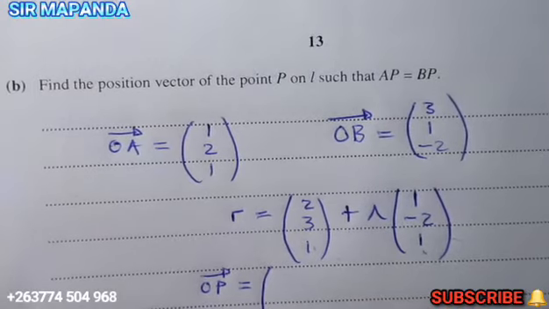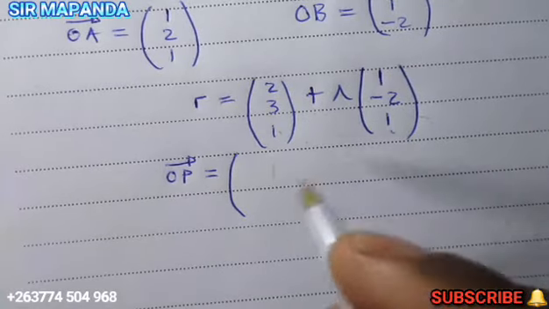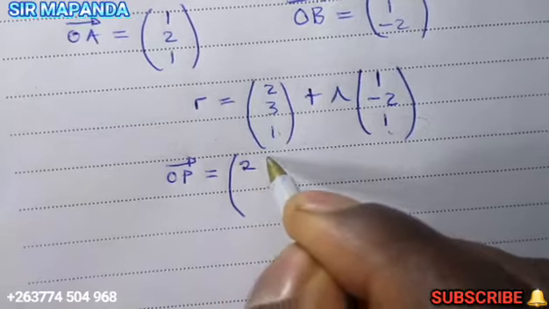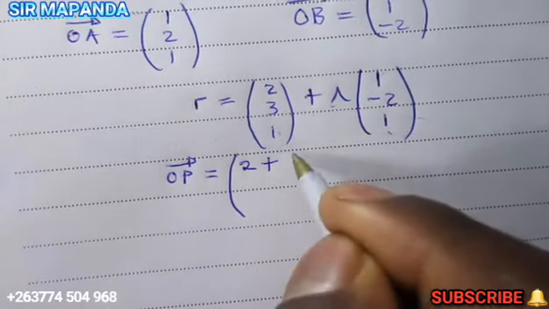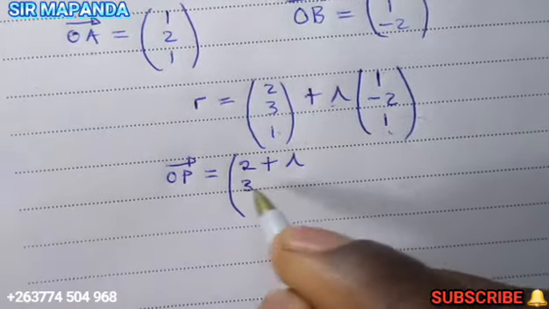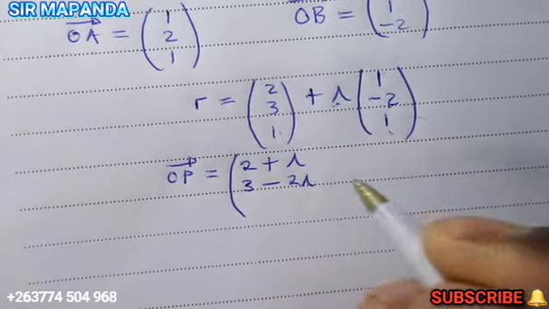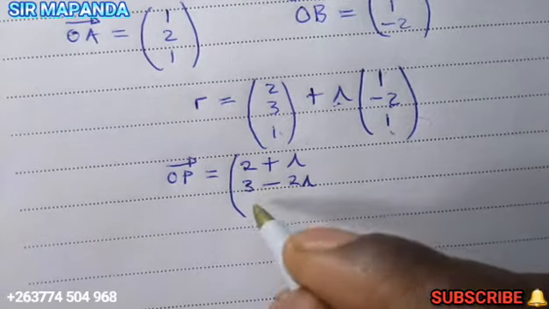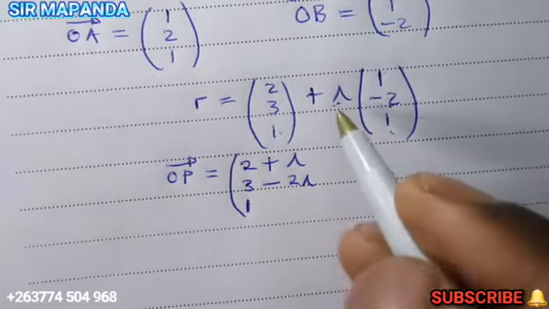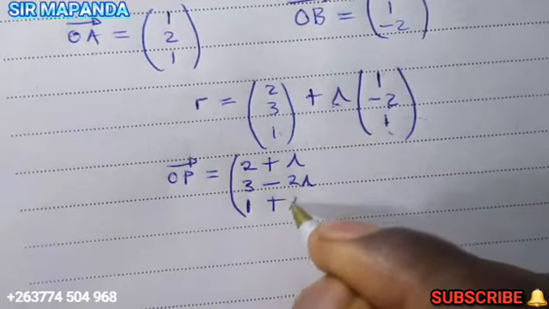So let the position vector of P in terms of lambda be represented by 2 plus lambda times 1, you get lambda. 3 plus lambda times minus 2, you get minus 2 lambda. Then 1 plus lambda times 1, you get lambda.